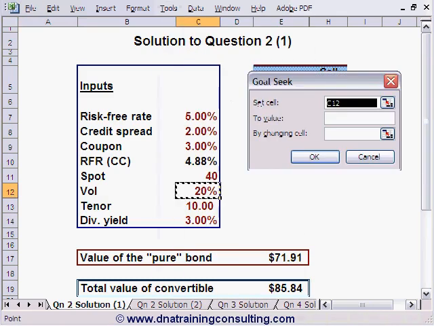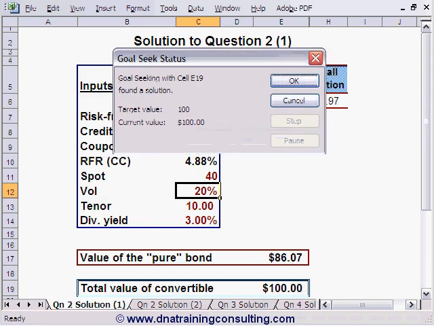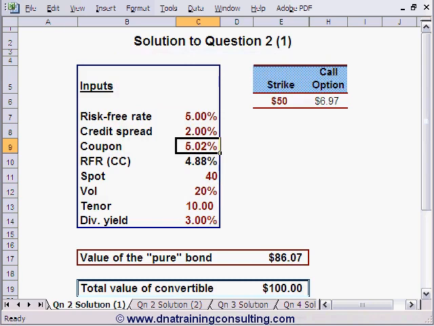And now we use goal seek to cause the convertible to be worth exactly 100, and we're going to change presumably the coupon, allow the coupon to change, and now we hit OK, and we find a coupon in this cell C9 of 5.02%. That's the coupon that, given the other market conditions, makes this bond worth exactly 100, subject to the imperfections of our model.